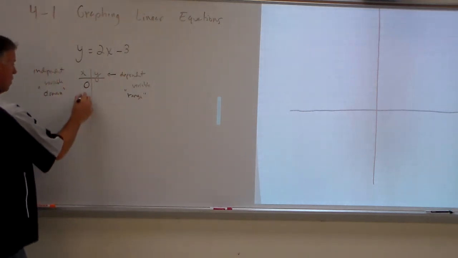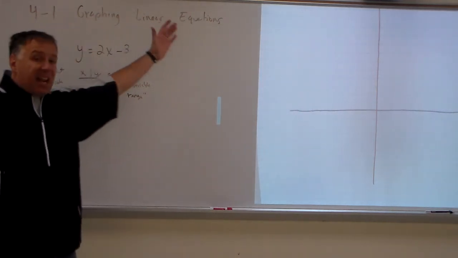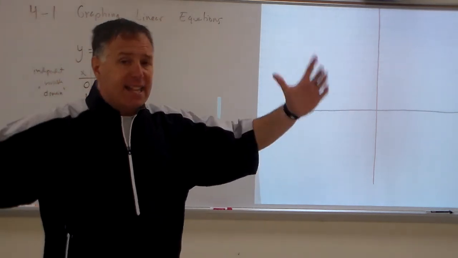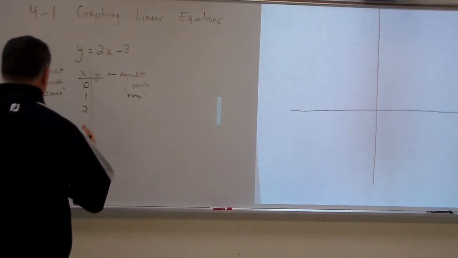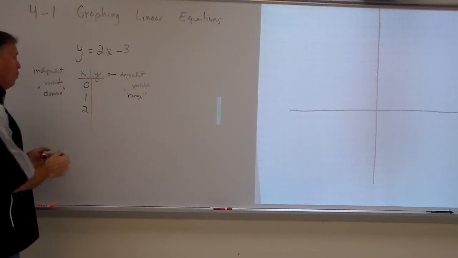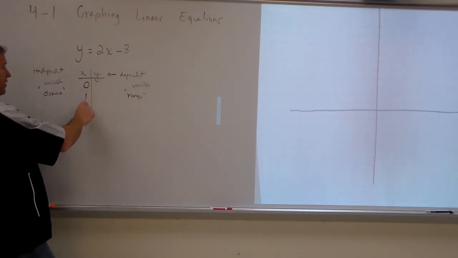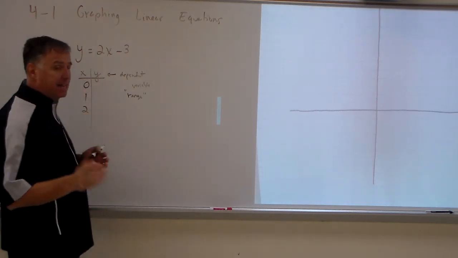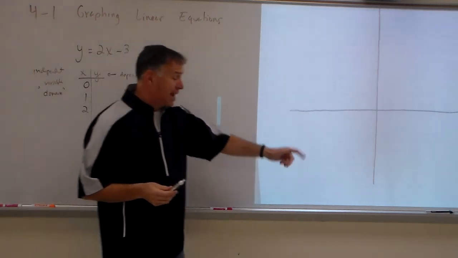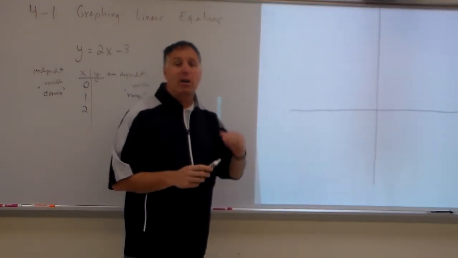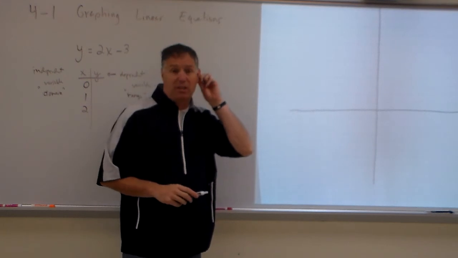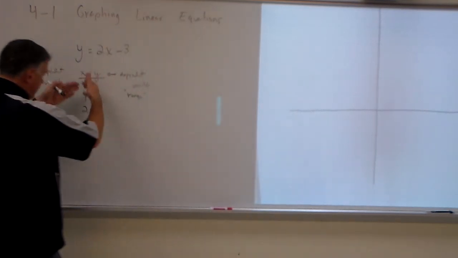So I'm going to pick 0, 1, and 2. I could have picked anything that I wanted, like 175, 176, 177. But you wouldn't want to graph that. So we're going to pick some nice easy numbers here.